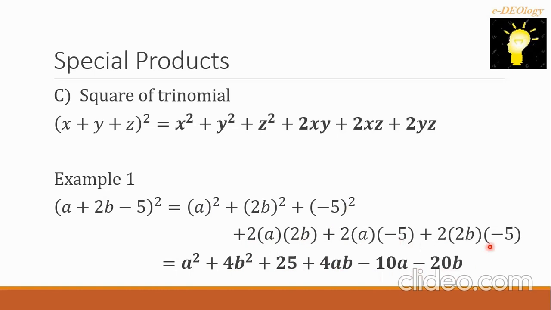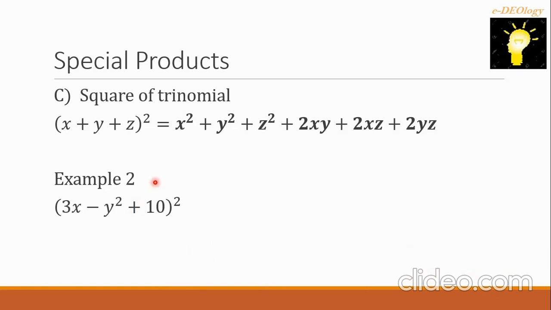For the last term, we multiply 2 times 2b times negative 5. So this is negative 20b. So for our final answer, this is a squared plus 4b squared plus 25 plus 4ab minus 10a minus 20b.